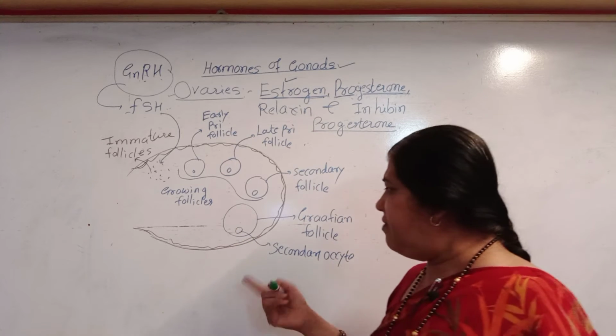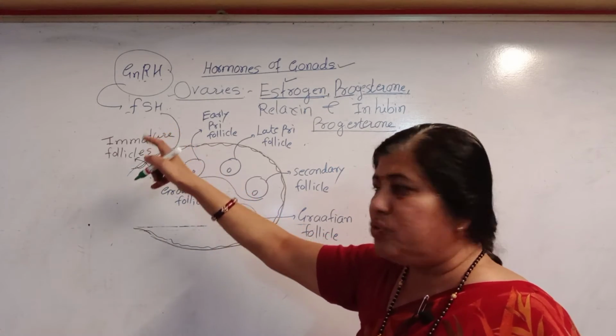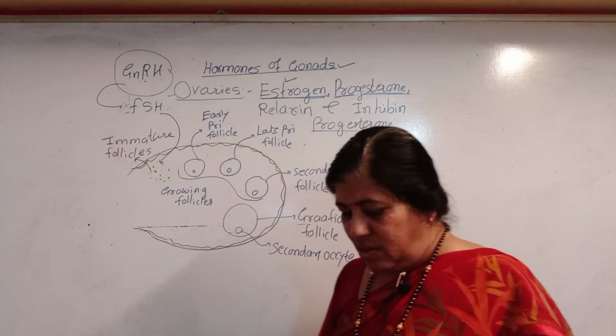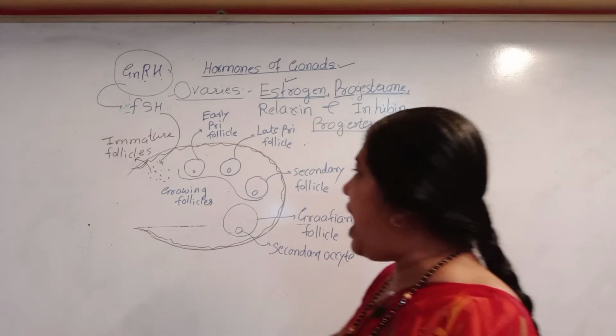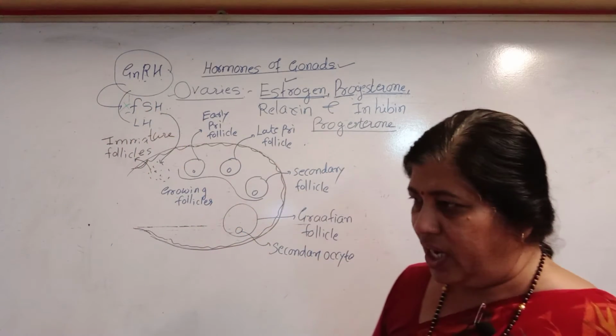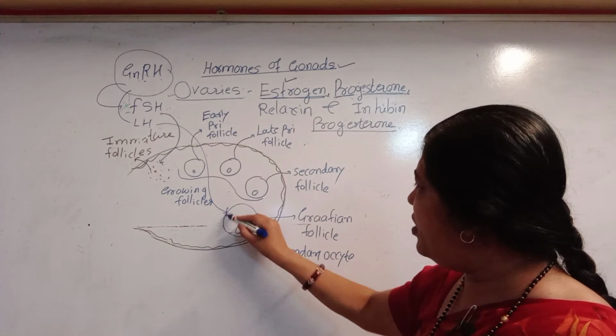That increased level of estrogen in blood inhibits anterior pituitary to stop the secretion of FSH. Then anterior pituitary starts secretion of another hormone, and that is LH, luteinizing hormone. This LH hormone stimulates Graafian follicle.